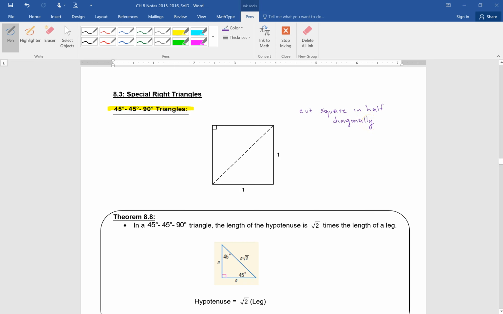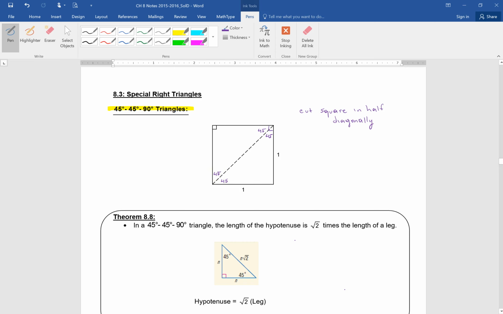Okay? When you do that, this angle was 90 degrees here. It gets cut into 2 equal angles, 45. So that's 45, this one is 45, and that one is 45.